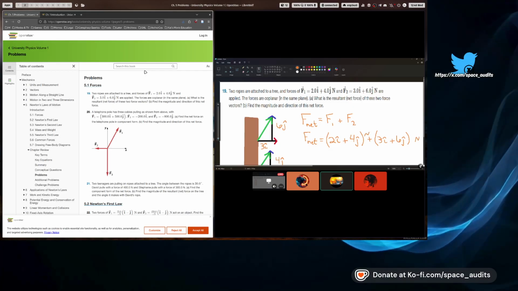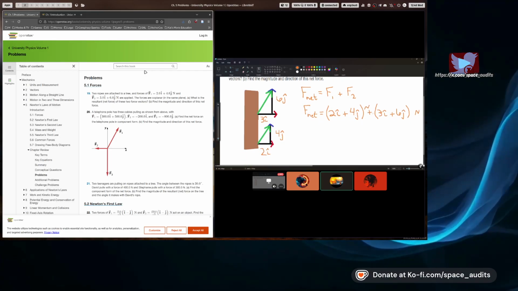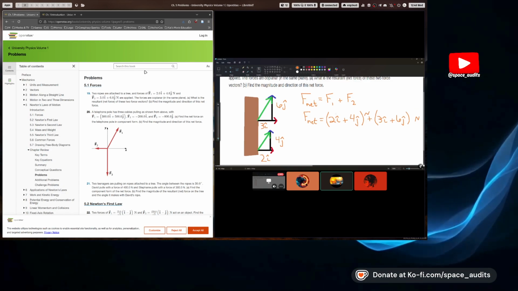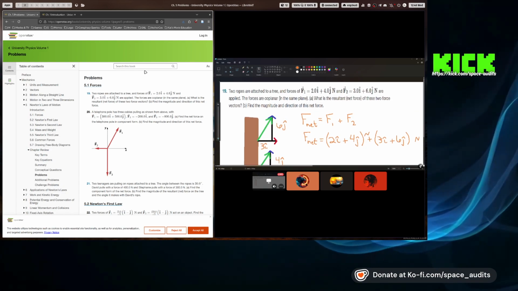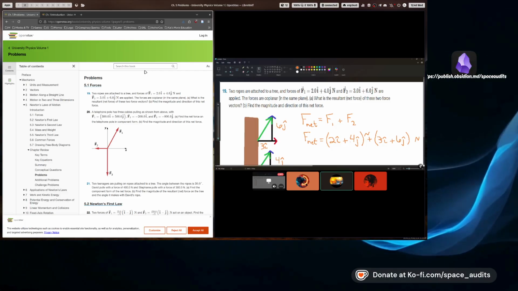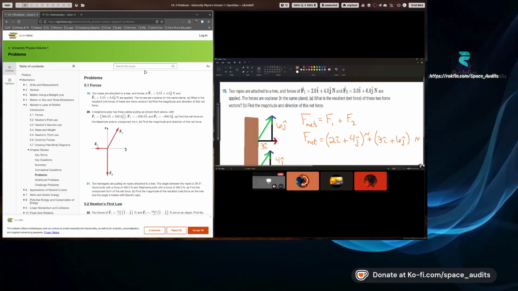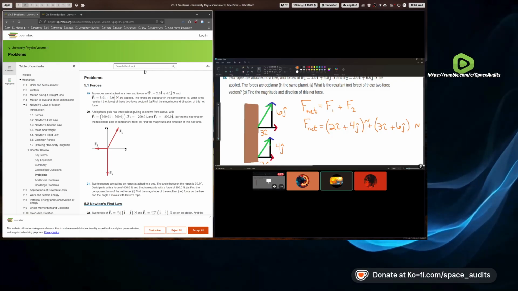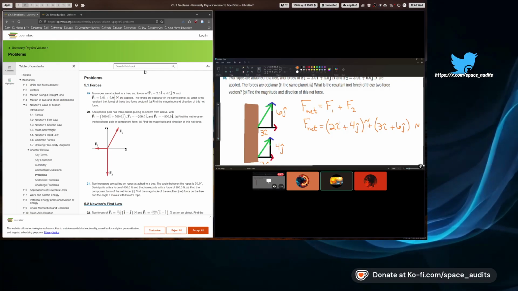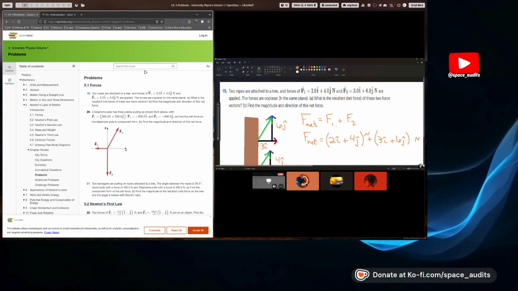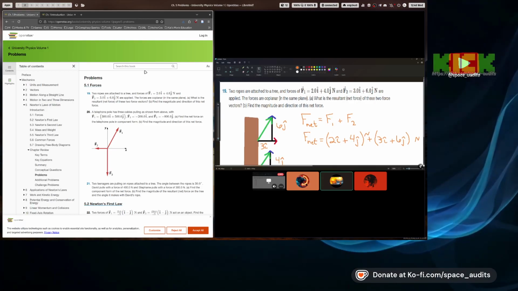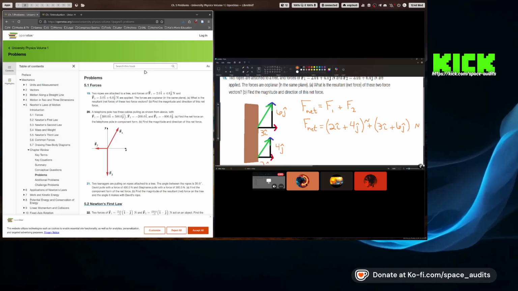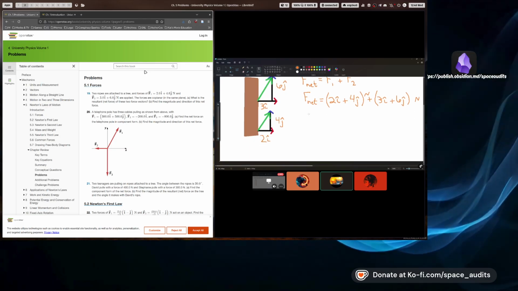Newtons. Now, I cannot add I and J together. They're different. I is in the X and J is in the Y direction. So these don't just add together. This is as simplified as you can get it. But what I can do is rearrange this and add my I's together and my J's together.